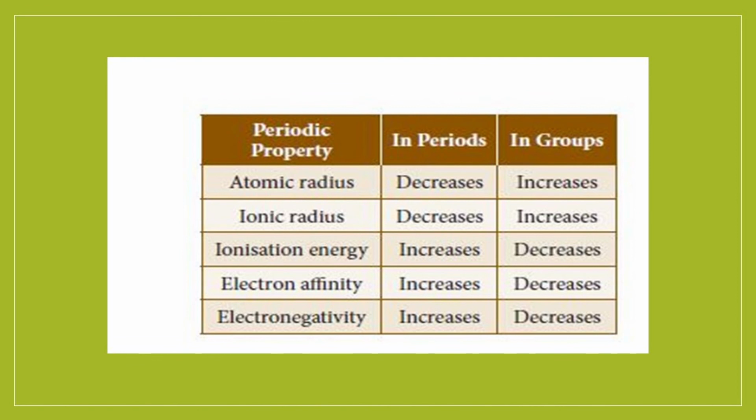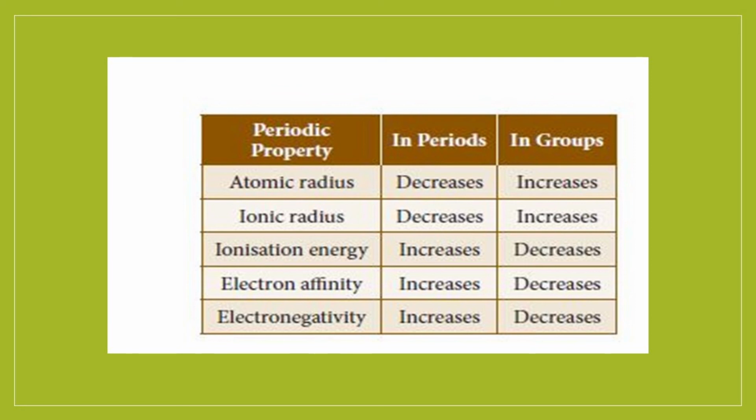Okay, children, let us summarize all the properties and their periodic trends. Let's see the periodic properties, atomic radius and ionic radius. Along the periods, the atomic radius and ionic radius decreases, and down the group in a periodic table, the atomic radius and ionic radius increases.